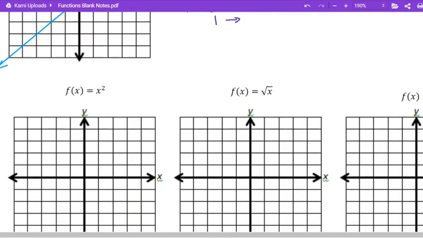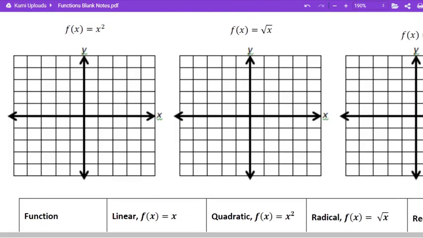Let's do the second one that we know well, and that is the quadratic function. Okay, do you remember how to graph the parent function with absolutely no transformations? Where is the vertex? And what do we call that point? The origin. Yes. And then we use the step pattern of 1, 3, 5, right? So 1 across, 1 up, 1 across, 3 up.